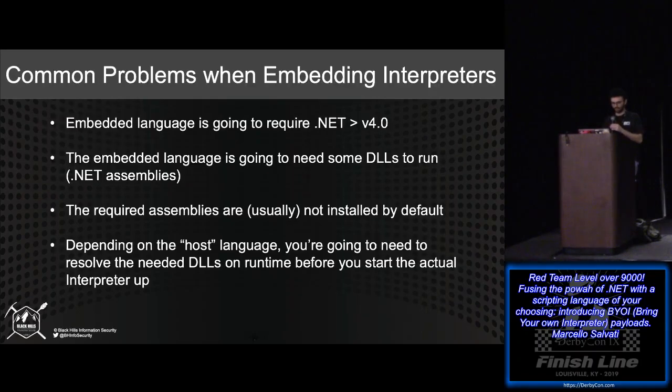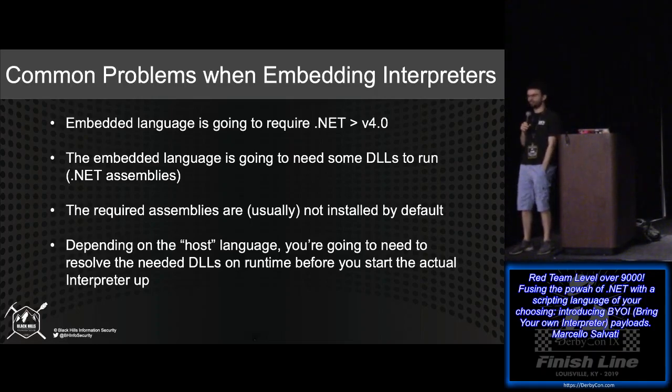So that's something you should keep in mind if you do decide to embed C# in PowerShell. There are some common problems and patterns that you'll run into when embedding this stuff. The main issue is that it's a third-party language, so the .NET assemblies required to actually get the compiler or interpreter, whatever the programming language calls it, running, those DLLs are not built into Windows, obviously, right?